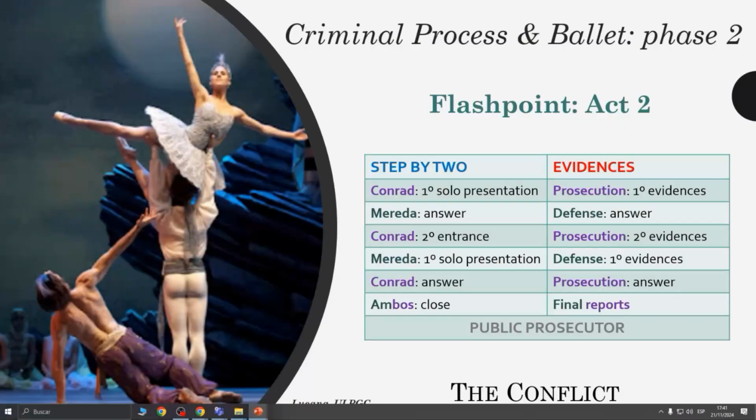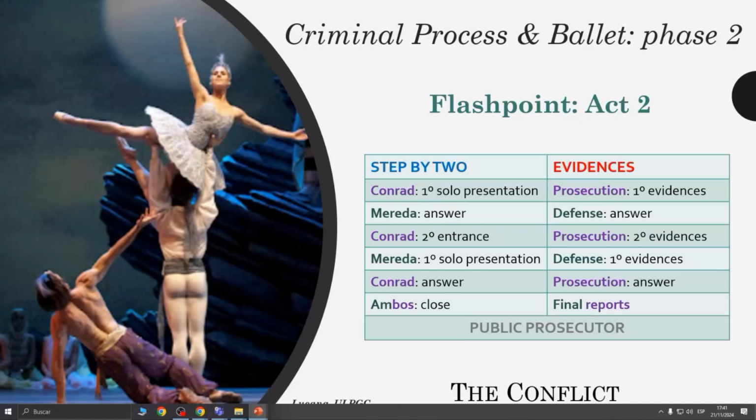I don't know if you know that in a ballet, there is always a flash point, a high point, that is the most important part of the scene, of the piece. It is normally a pas de deux, that is a step for 2, the representation between the dancers, the woman and the man, and they go on the scene and demonstrate their dancing skill.